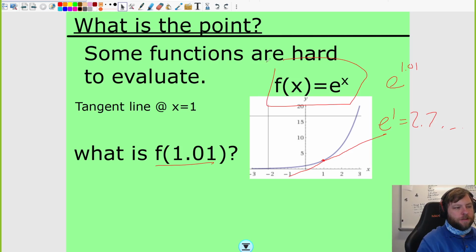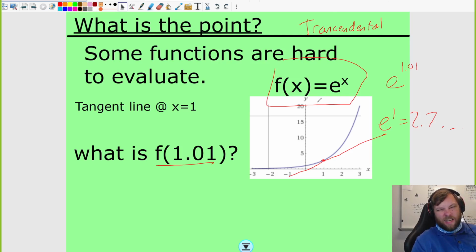But especially with these, what we call transcendental, I think it's transcendental or transcendental functions, like sine, e, non-polynomial stuff like this. It's hard when you get x values that aren't some clean number. It's hard to try to figure those out. So, what if I want to know what this is or just something that's really close to it? Like I have some kind of margin of error, and it's okay if I'm not exact.